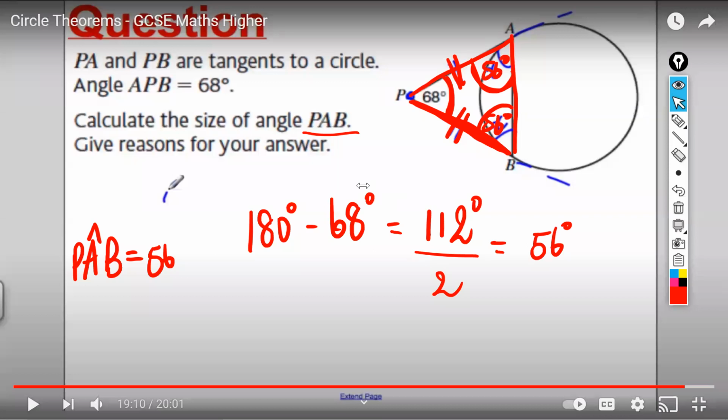If you get one angle, you use that to find the others. So you take away the 68 from 180, and then whatever you get, you just share it between the other two when it's isosceles.